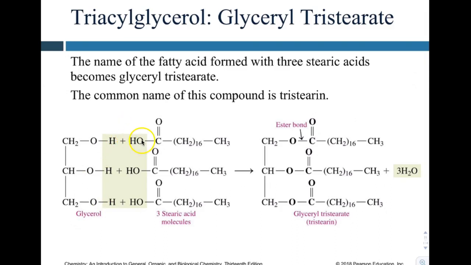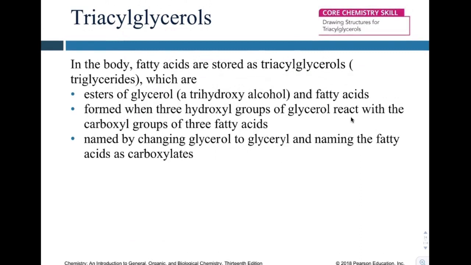And then you get your OH from the carboxylic acid of your fatty acid, whatever fatty acid you're using. And then we're doing that dehydration, right? We make 3 waters, and you get your ester bonds. And so if you do this to all 3 places, you get a triacylglycerol. Fancy, but it's the same thing that you would be telling a patient, like, oh, you need to look at your triglycerides. Same thing.